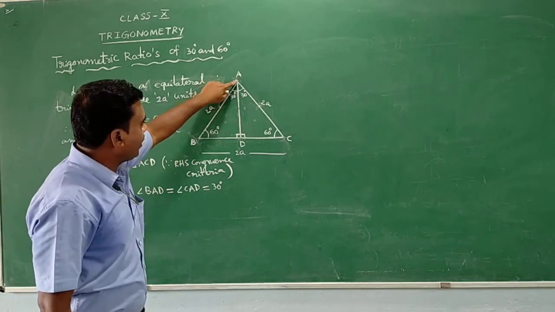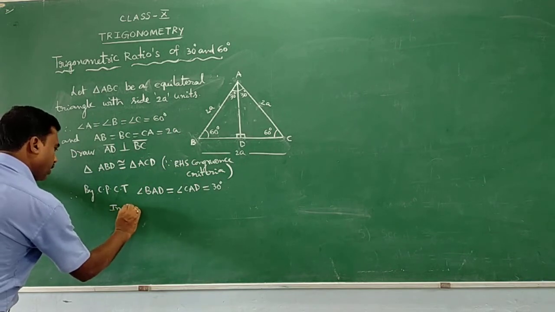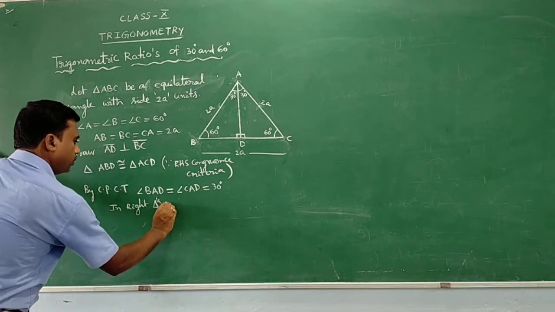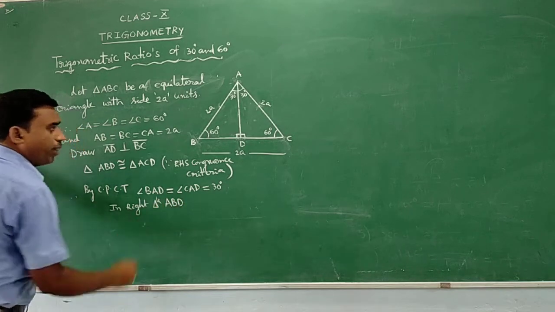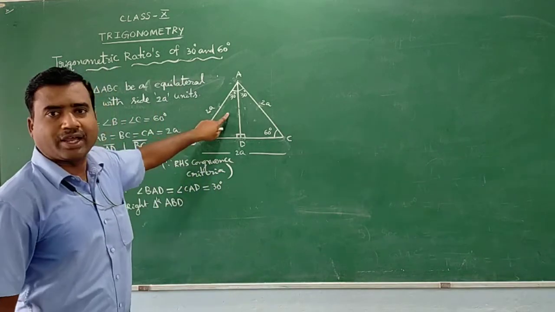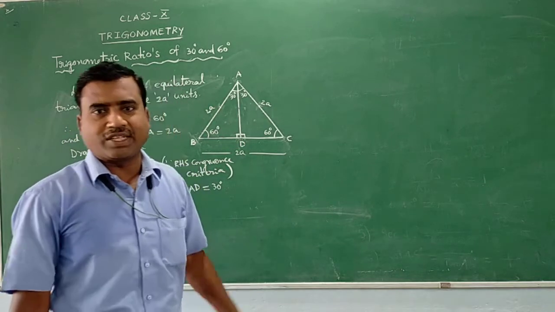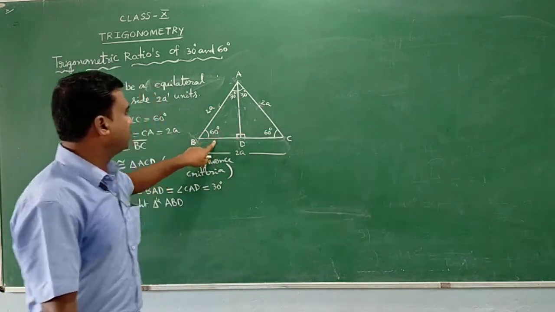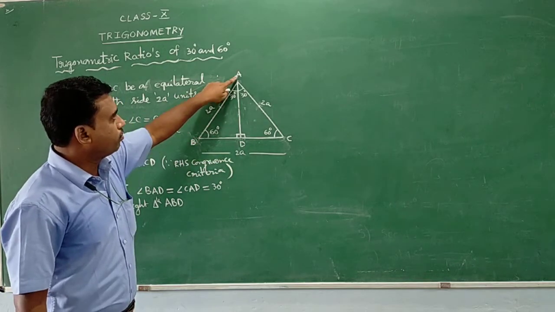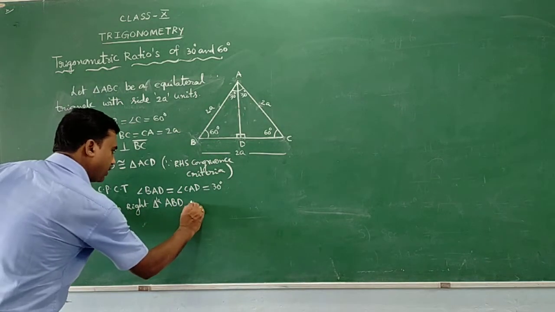Now in right triangle ABD, by Pythagoras theorem, in a right angle triangle, the square of the hypotenuse is equal to the sum of the squares of the other two sides. So AB square is equal to BD square plus AD square.